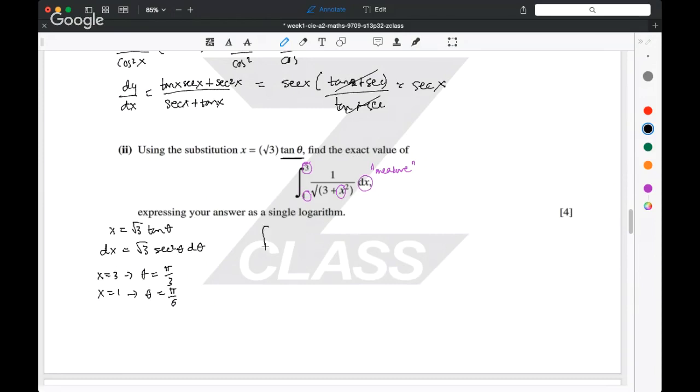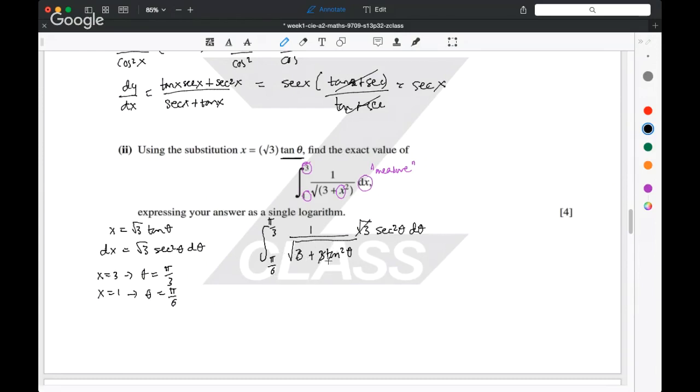Now we have an integral from pi on 6 to pi on 3 of 1 over square root of 3 plus 3 tan squared theta. And dx becomes square root 3 sec squared theta d theta. And we notice immediately that the square roots of 3 will all cancel, because you can take a square root of 3 out of here.